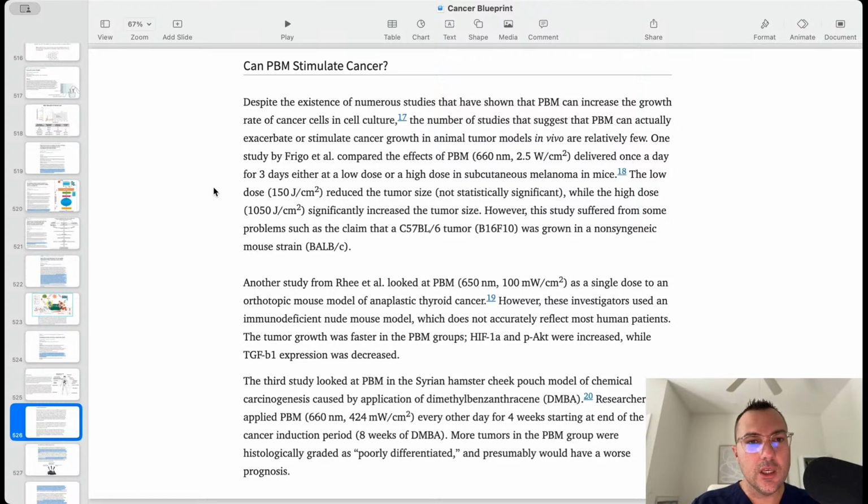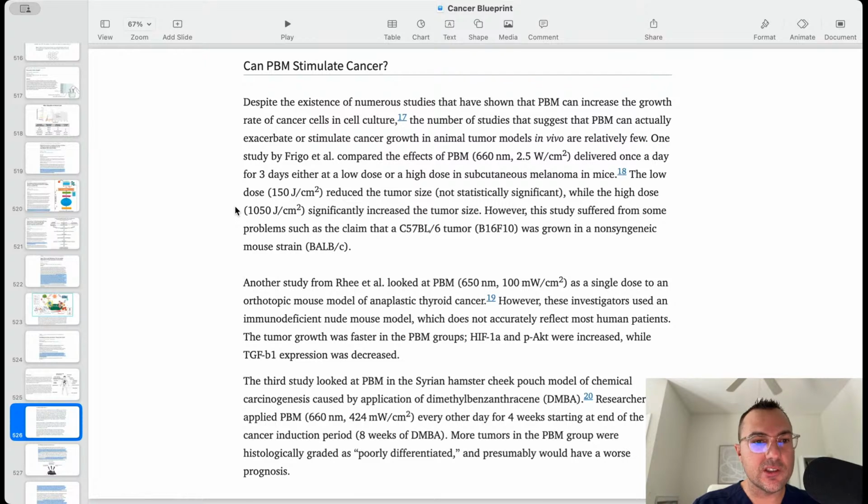One study compared the effect of PBM, this is a red light study, 660 nanometers, which is right in the middle of the visible red light range, delivered once a day for 3 days, either at a low dose or at a high dose in subcutaneous melanoma in mice. The low dose, 150 joules per centimeter squared, reduced the tumor size, not statistically significant, while the high dose, 1,000 joules, significantly increased the tumor size.